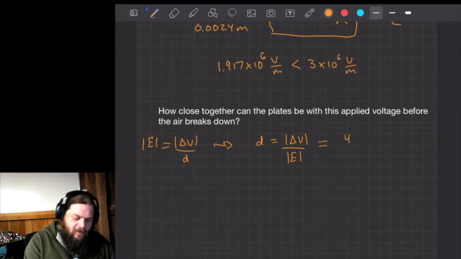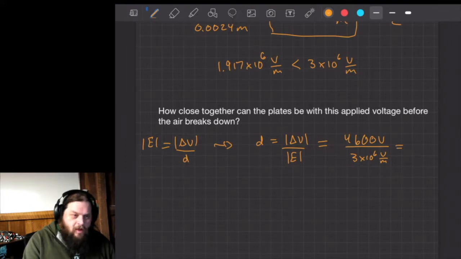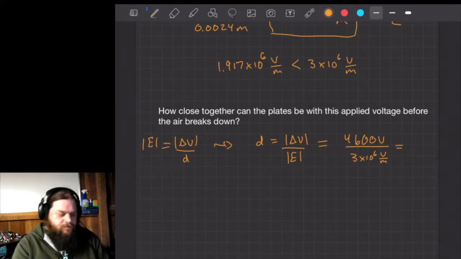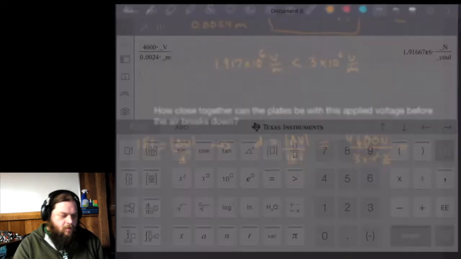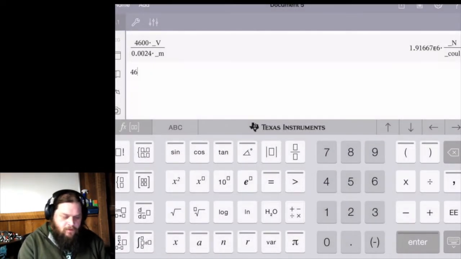Looking at our values again, 4600 volts divided by 3 times 10 to the 6 volts per meter. We end up getting, back to our calculator, 4600 divided by 3 times 10 to the 6, in units of volts per meter.